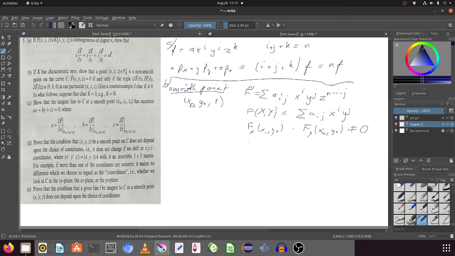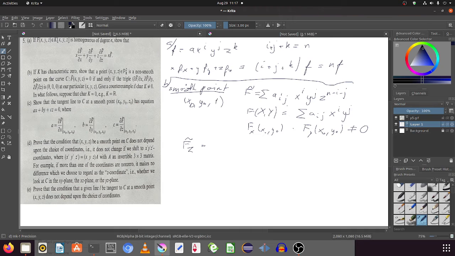So it's only the derivative with respect to z we need to consider. And then I guess that we should use the one above here.